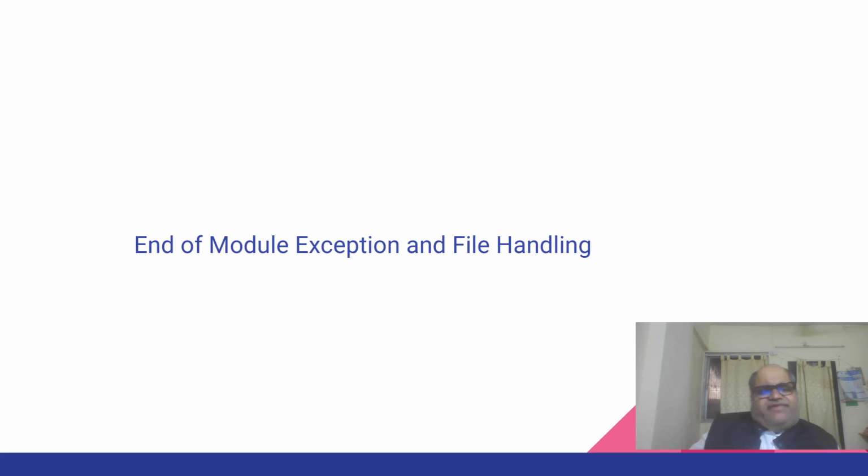Now, in the next video on this topic, we'll look at some of the interesting questions. As you see, your exam focuses on the practical side, and they expect you to be hands-on and write code. So the next one is going to be very interesting, where we look at the last 2 or 3 years of your question papers, and all the questions where they have asked you to write code for a specific problem around file handling and exception handling.